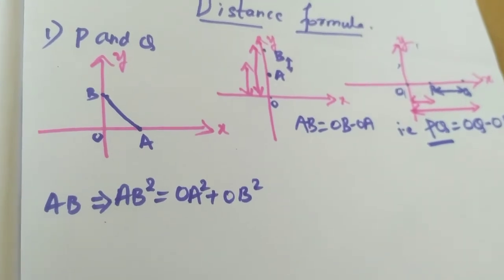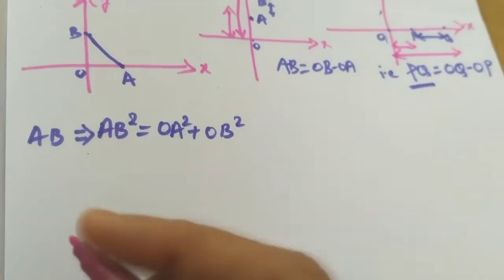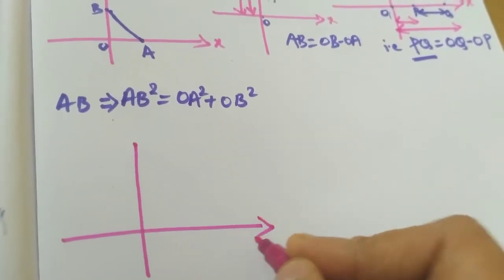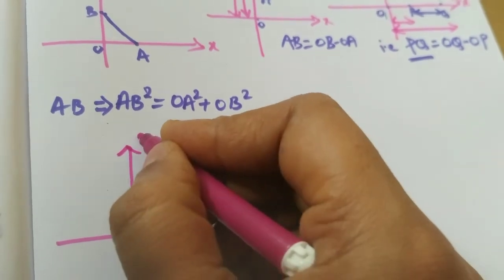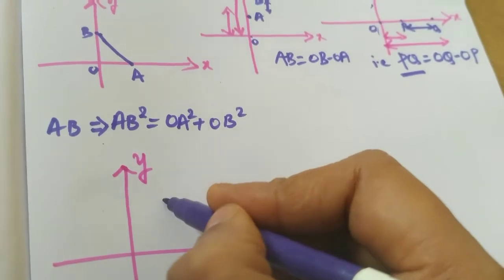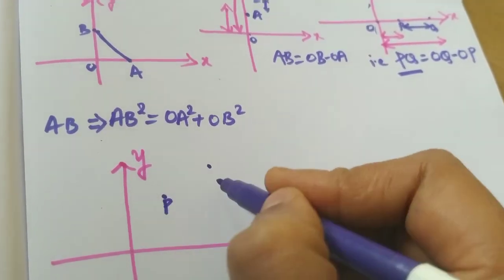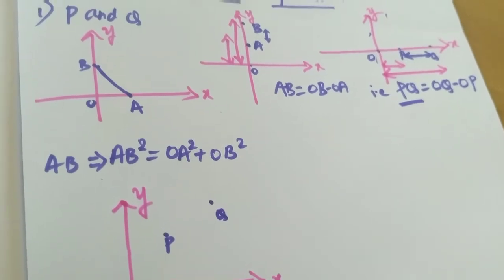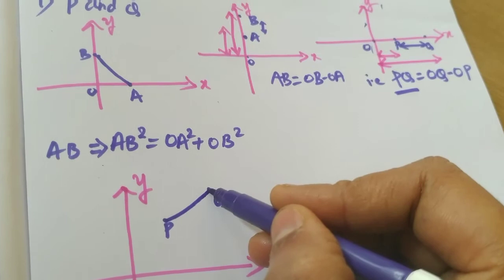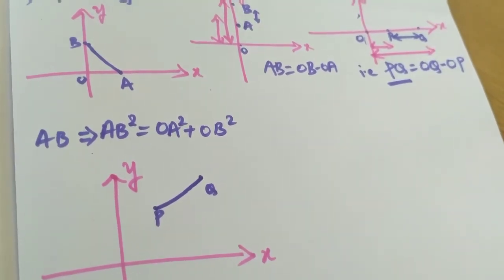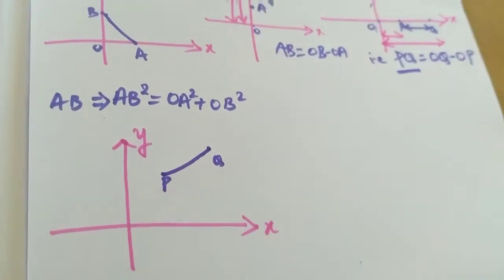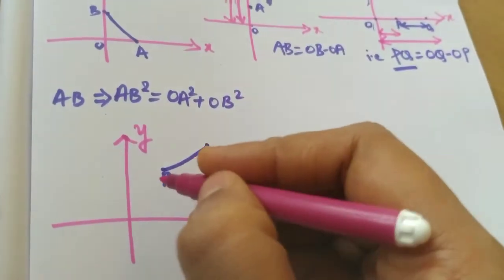And there is another case where the 2 points we take do not lie on x nor on y-axis. That means the points are somewhere floating on the coordinates. Let me take this as P and this as Q. Now we are supposed to find the distance between these two. So whenever you want to find the distance between the points PQ, always draw with reference to x-axis.